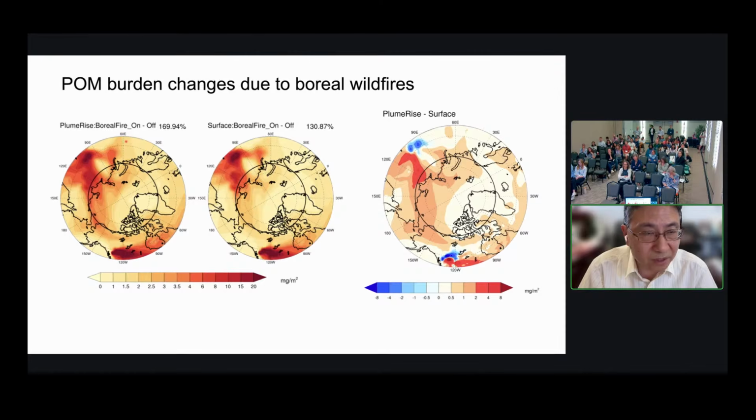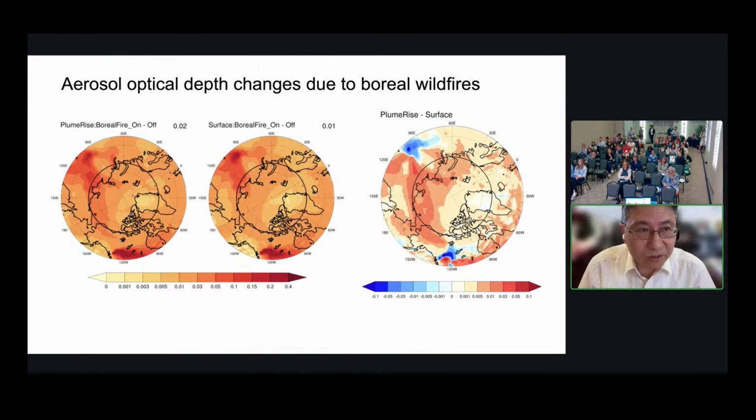You can see the boreal wildfires increase the POM by like 170%, while if you emit at the surface it increases only by 130%. So basically you have more aerosol transported to the Arctic if you have plume rise. And this is showing the AOD, aerosol optical depth change, and you can see the boreal wildfires can increase the AOD by up to 0.4.